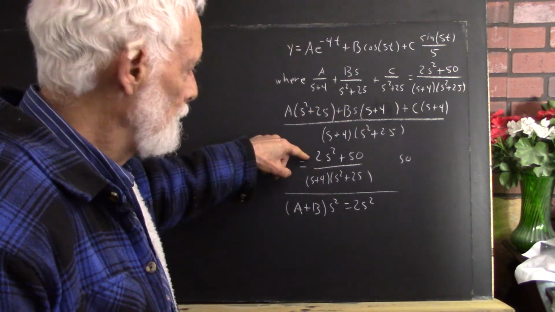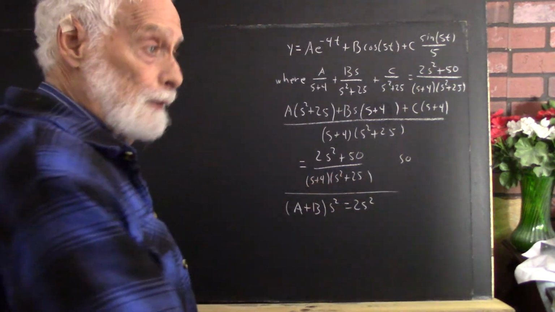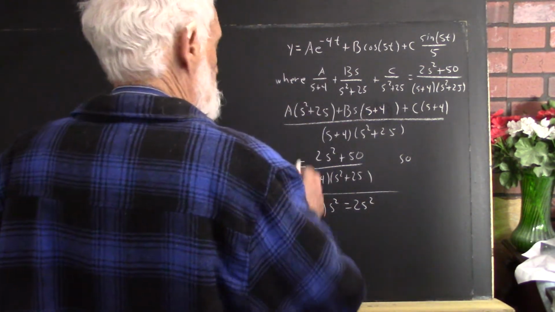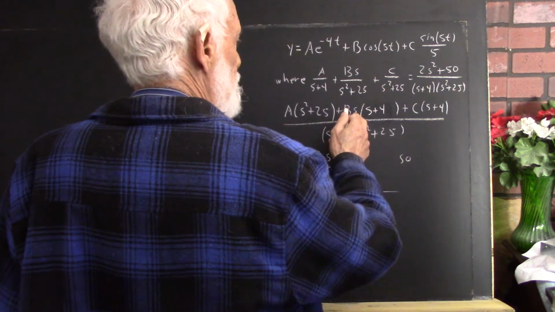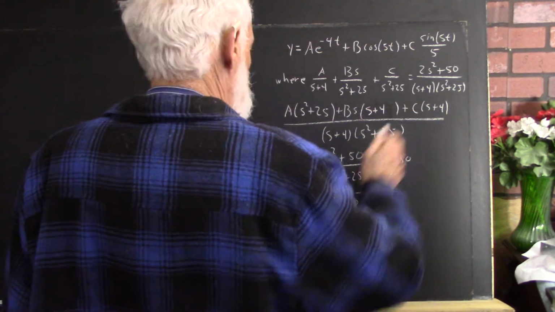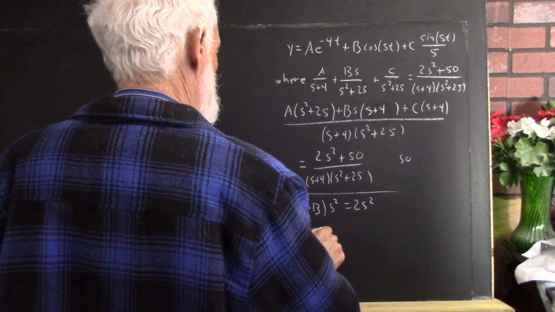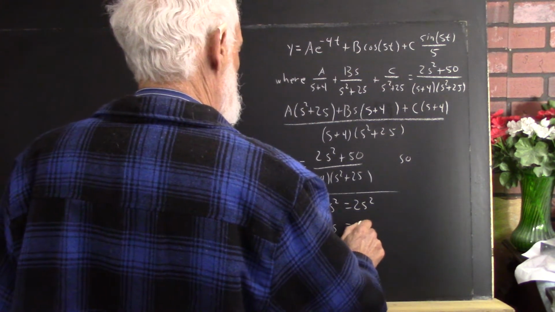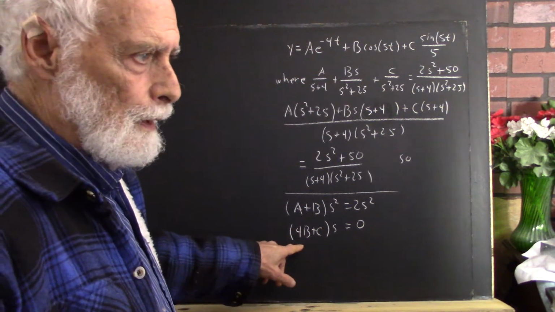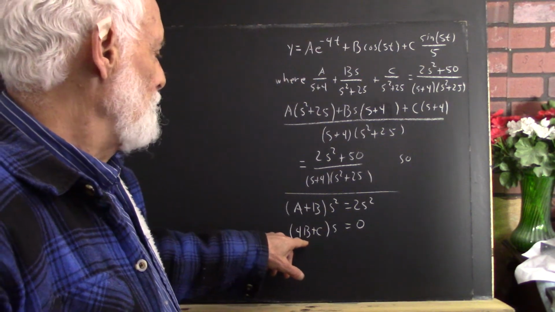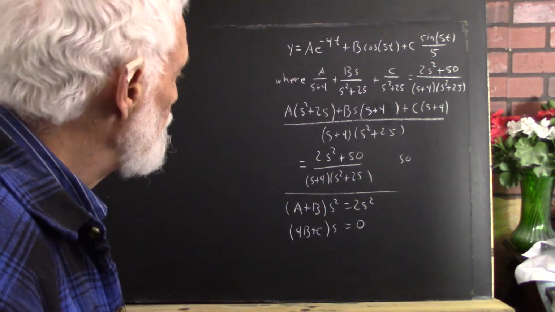That's what we have to give us the 2s squared. Then our multiples of s add up to 0. And what are multiples of s? Well, we get 4b times s and c times s. So already we know that b has to equal negative 1/4 of c, or c equals negative 4b, either way.